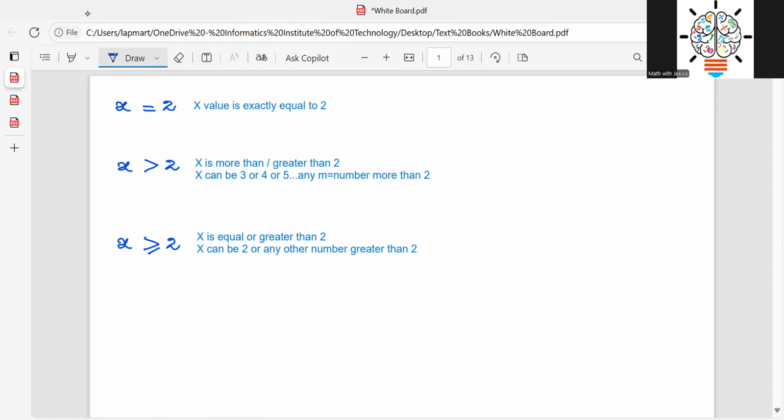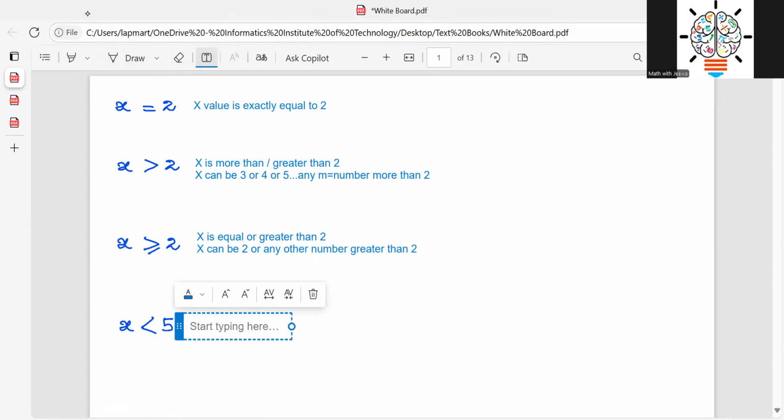The next one I write, x is smaller than or less than 5. How am I going to interpret that? x is smaller than or less than 5. So what are the values we can have? x can be 4 or 3 or 2 or any other number less than 5.